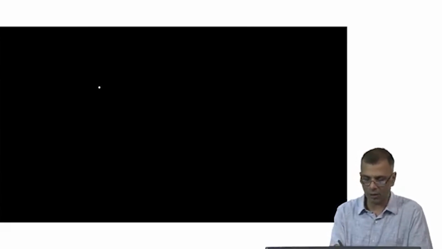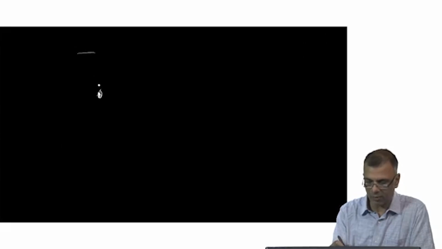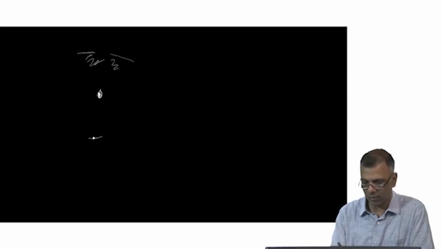I don't have a very good cartoon of this, so here is a central object. Around the central object there is a very dense medium, very high pressure medium.